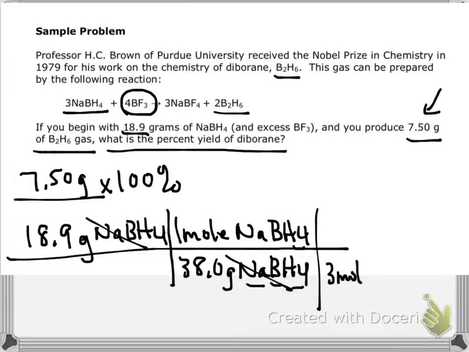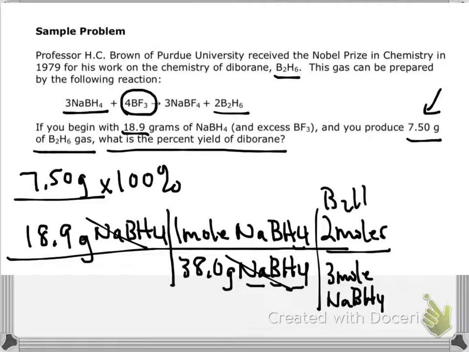So 3 moles of NaBH4 can make 2 moles of B2H6. And then finally, I'm going to see how many grams of B2H6 I could make in an ideal world.